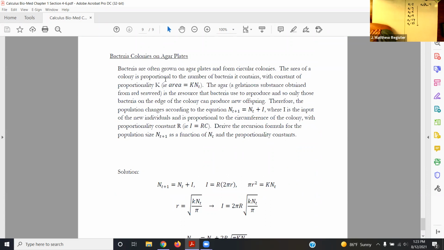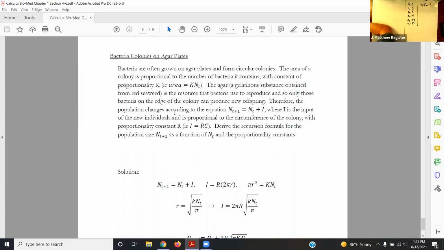And so bacteria often grow on agar plates and form circular colonies. The area of the colony is proportional to the number of bacteria it contains. The agar, which hopefully you know what agar is, is a resource the bacteria use to produce, and so only those bacteria on the edge of the colony can produce new offspring.